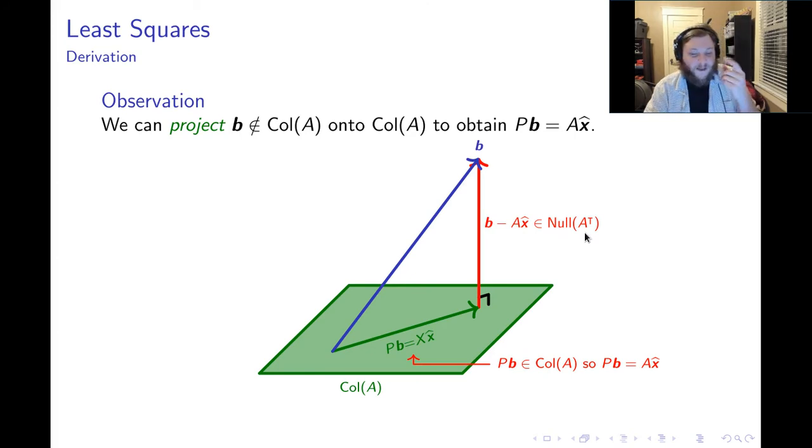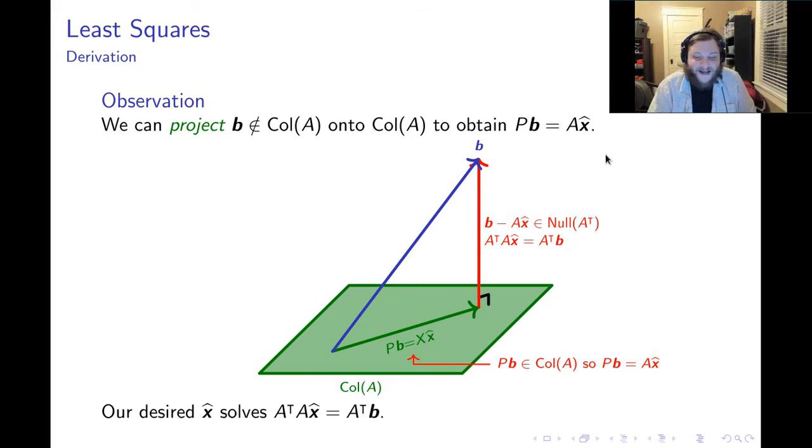But if we're in the left null space, that means we satisfy an equation. When I multiply by A transpose, I must produce the zero vector. So A transpose multiplied by b minus A times x hat must equal the zero vector. If I clean up this equation by distributing A transpose, I end up with the equation A transpose A, that's the Gramian of A, times x hat equals A transpose times b.